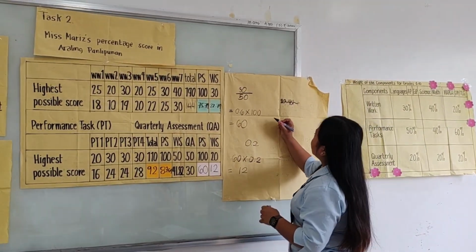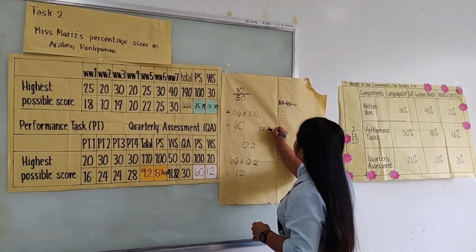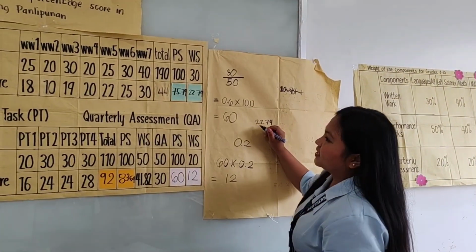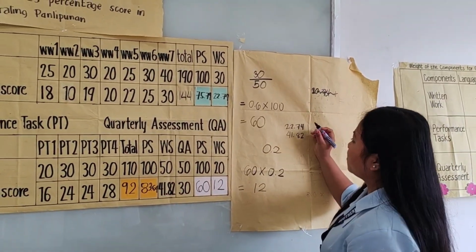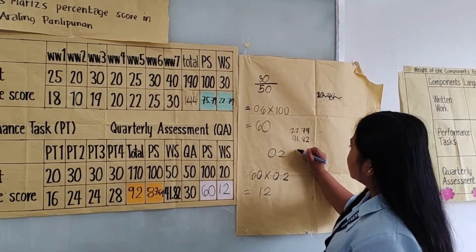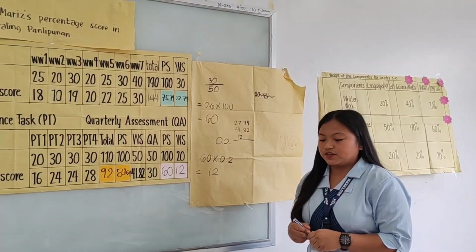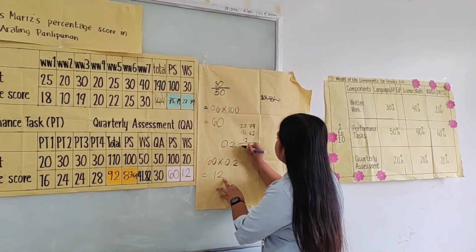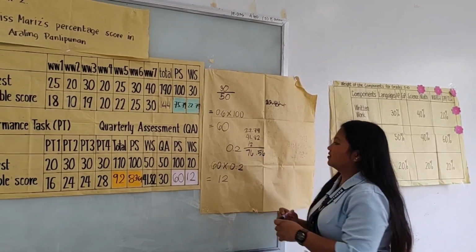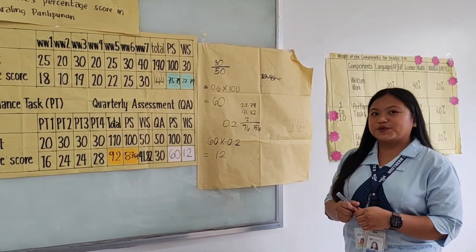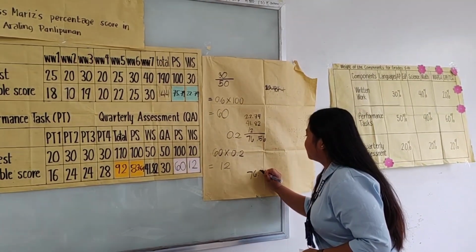In her written work, her weighted score is 22.74, plus 41.82 in her performance task, and lastly 12 in her quarterly assessment. So the total is 76.56. So the quarter grade of Miss Marie's is 76.56.